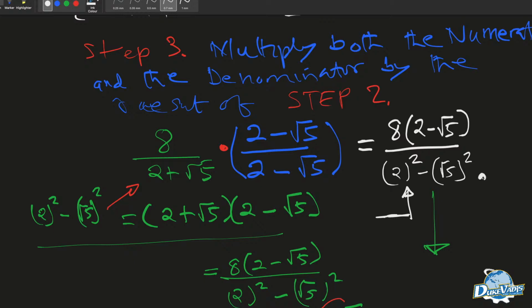At the bottom here, we applied the difference of two squares method. Anytime we see this, we know it's the same as this one. So instead of writing all this beneath, we write the left-hand side, and we replace it here.